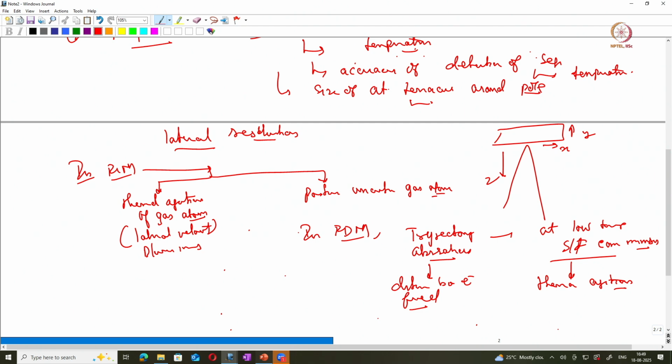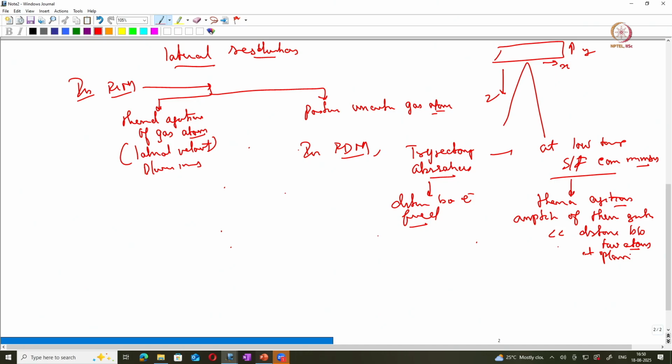It means that the amplitude of thermal agitation should be much less than the distance between the two atoms in a plane.